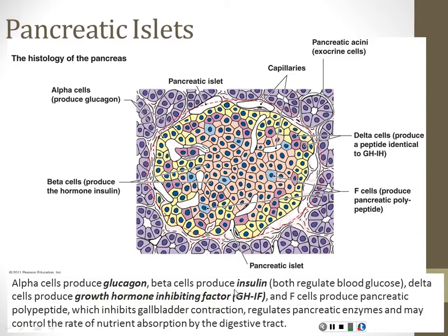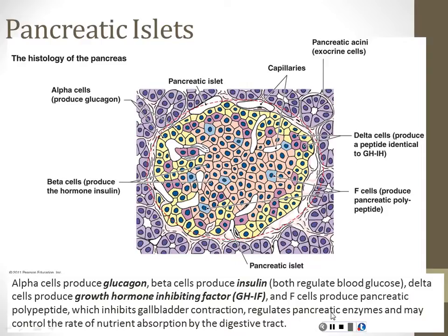Now, the other 2: growth hormone inhibiting factor, or inhibiting hormone, is the same substance the hypothalamus produces. Remember in the growth hormone list, there was an inhibiting factor and a stimulating factor? It turns out the pancreas produces an inhibiting factor too, and that is to help slow down the metabolism of nutrients that are coming into the digestive tract.